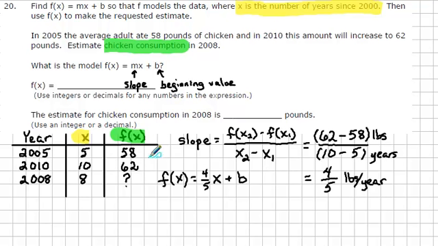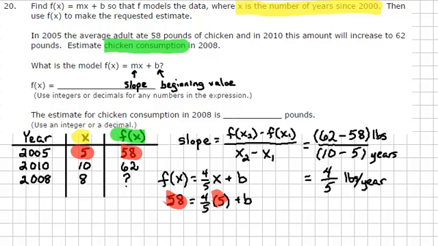So if we use our first ordered pair, we would have 58 is equal to 4/5 multiplied by 5 plus b. Notice that all we're doing here is just substituting in our first ordered pair (5, 58), so we substituted 58 for f of x and 5 for x.